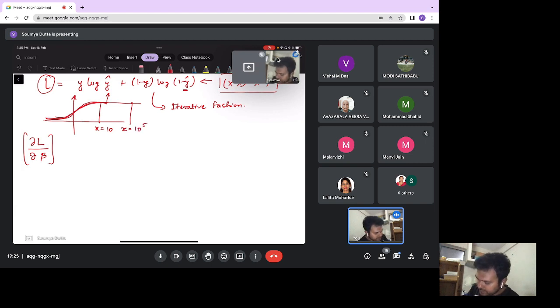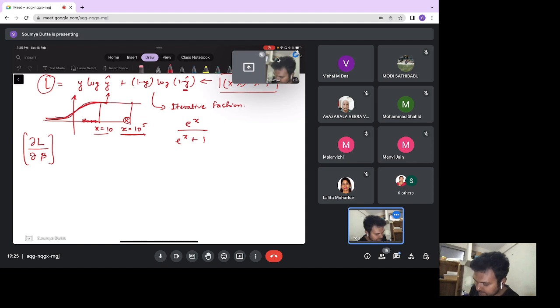You will notice that for this particular function, e to the power x by e to the power x plus 1, the value for x equal to 10 and x equal to 10 to the power 5 will be very close to each other. So suppose all of your values were lying in this particular zone, and only one value was lying here, at x equal to 10 to the power 5.